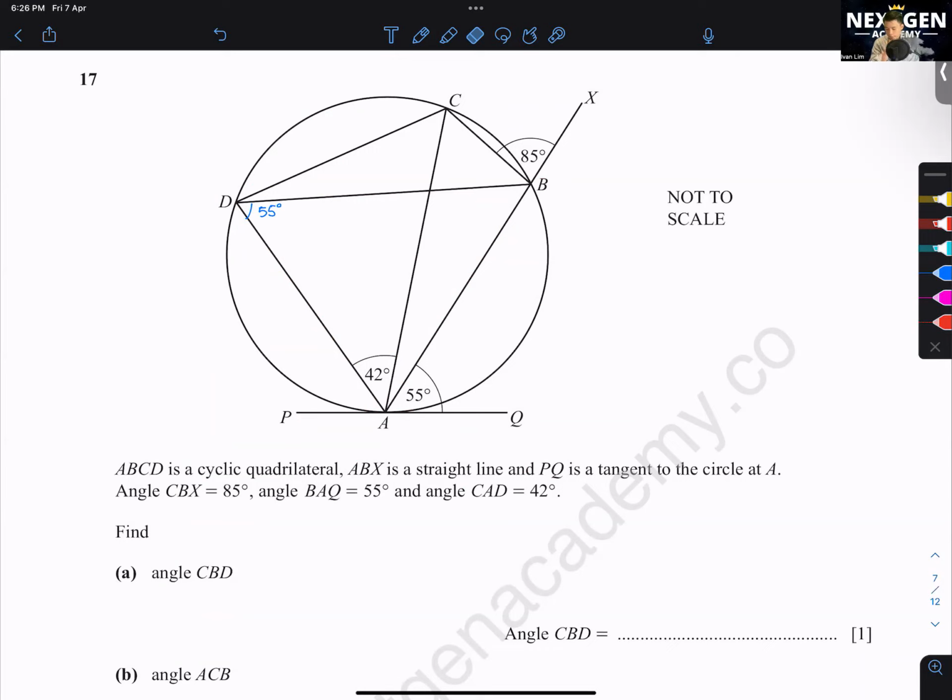Question 1. Angle CBD. How do we find angle CBD? Where's D? Here. We want to find the angle here.